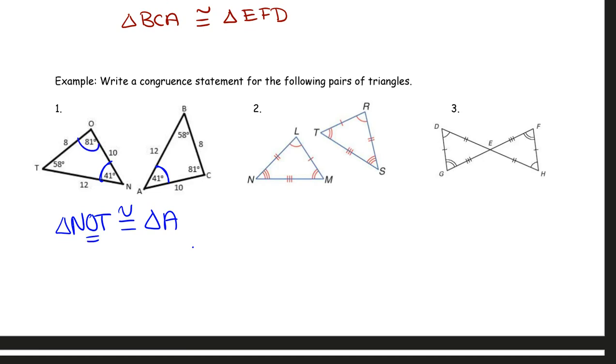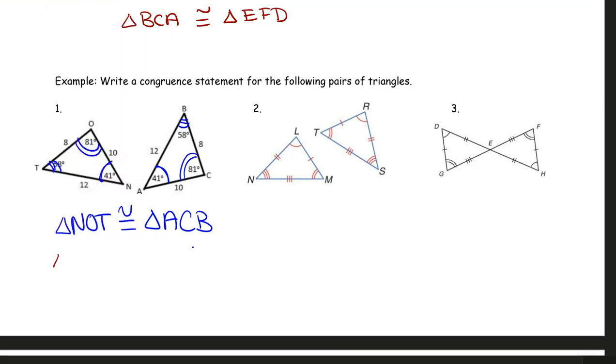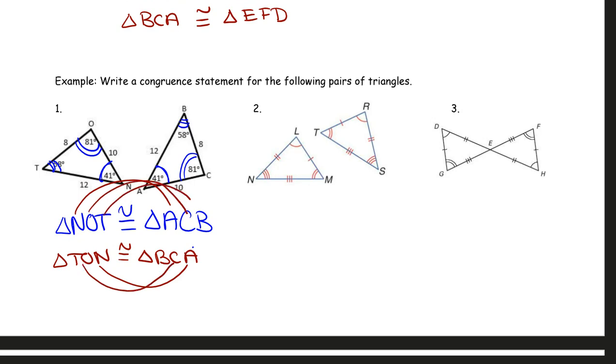Since O comes second, then C has to come second, which means T comes last, and so does B. What if I wanted to call this triangle TON? I could do it. That just means I have to call this triangle BCA, as long as N and A match up, O and C match up, and T and B match up.